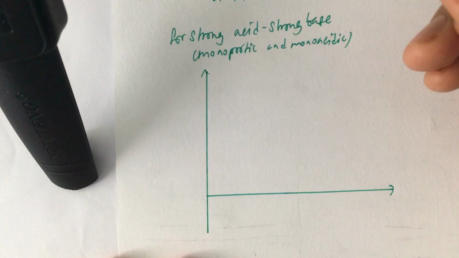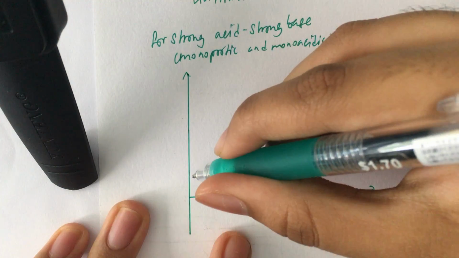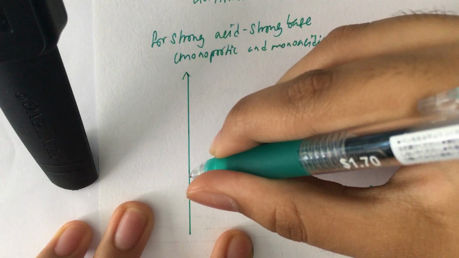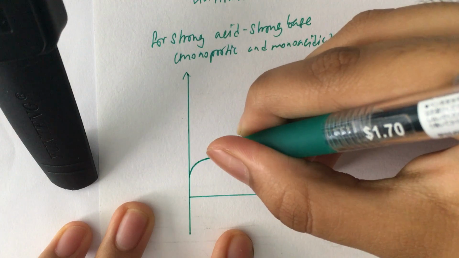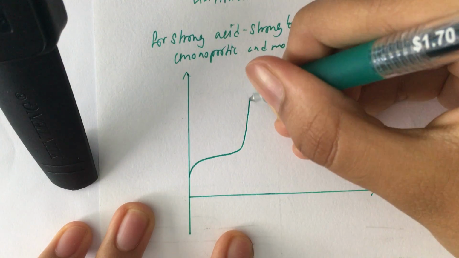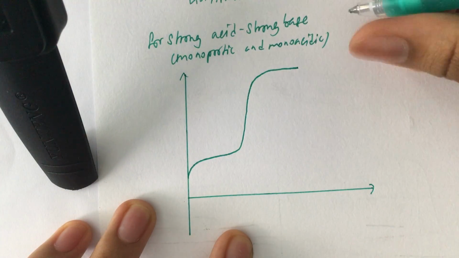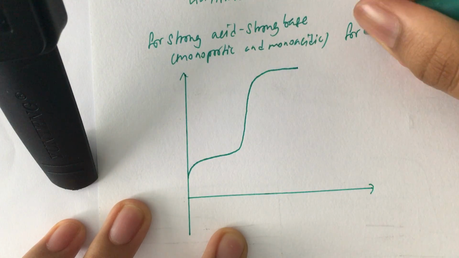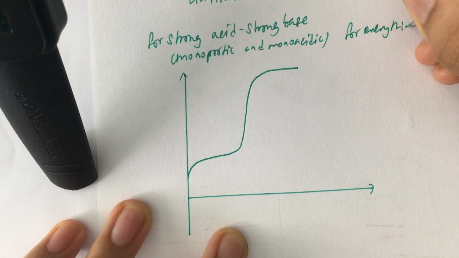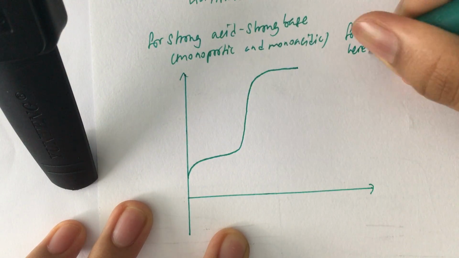How exciting. Okay. So yeah, as you can see, it's just a small increase, then the sudden increase, and then another small increase. But that is where the big change, the rapid change in pH occurs.